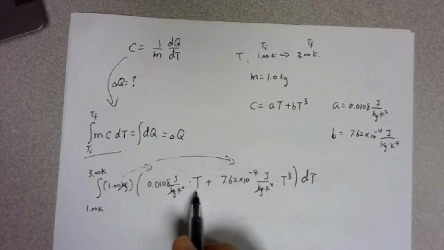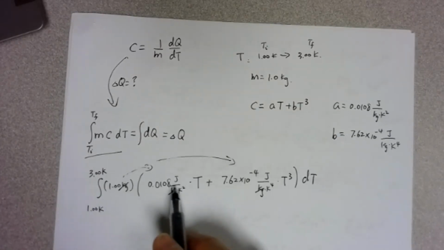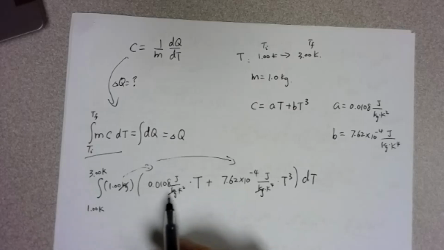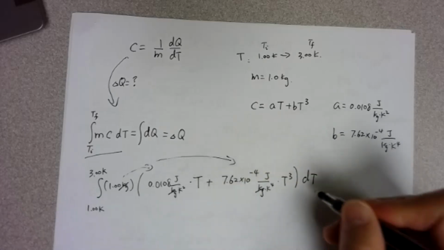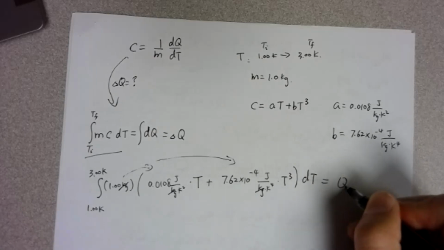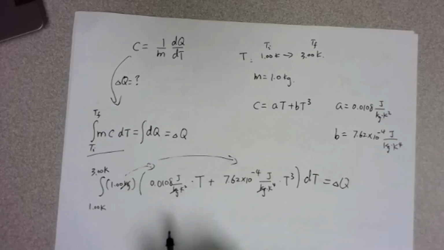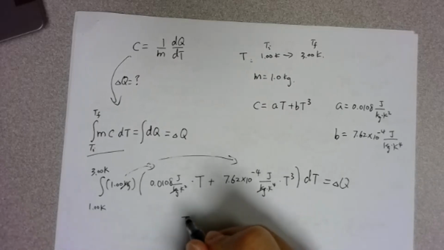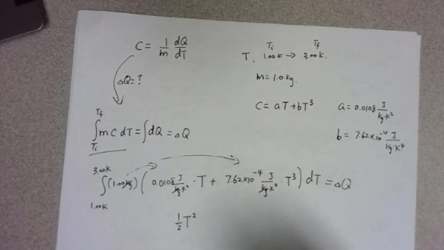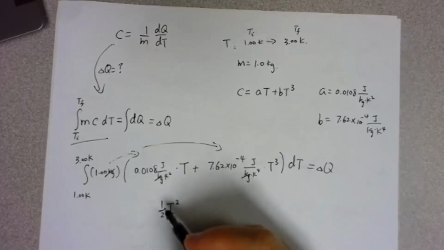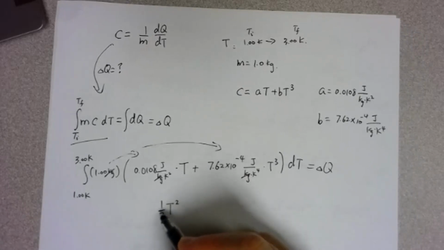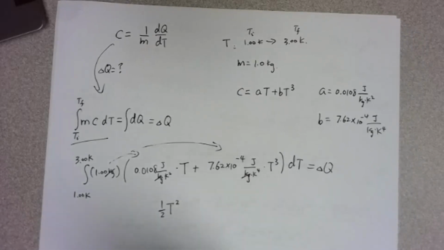This is a variable, and these are just the units, so you can leave them alone. So this is the dt, and this gives you q or delta q. The variable t dt, you're going to square it and put the 1/2 to that, because once you integrate, the power increases and brings down 1/2 in front of it.